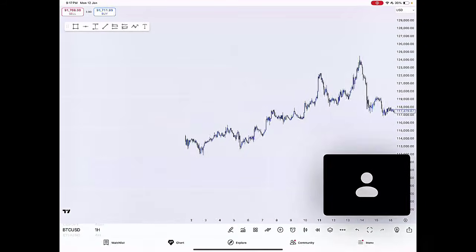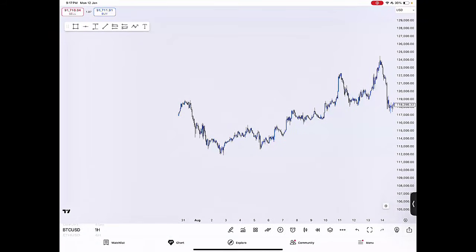Okay, good. So first of all, we're gonna talk about market structure. So what is market structure? Market structure is basically the current flow of the market, the current pattern or the flow that price uses to approach one level in the market or another.